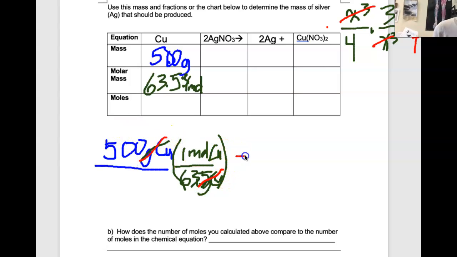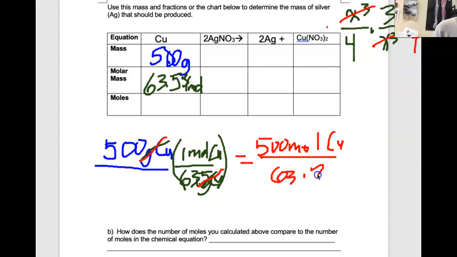If we're looking at this math here, we now have 500 divided by 63.5. Grams of copper are gone. So 500 divided by 63.5 is going to be 7.87 moles of copper is what we're going to get here.